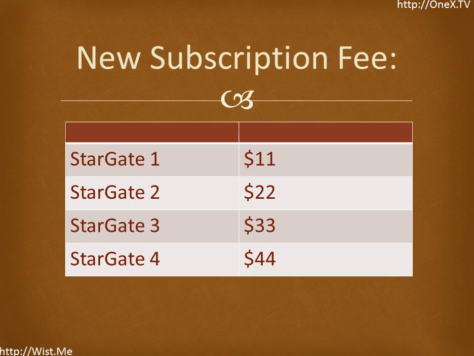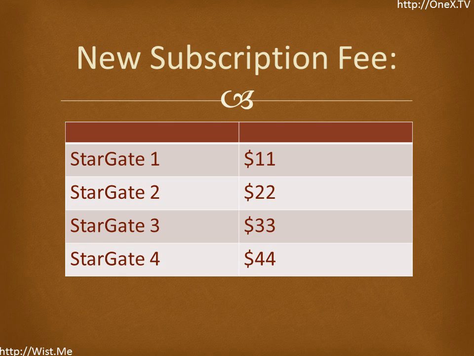But if for some reason in the next cycle you don't want to pay the $44, then you can downgrade, for example, to Stargate 1. Then you pay only $11. Alright, so you can upgrade and you can downgrade. And of course this has implications to what you will earn, but it is possible.